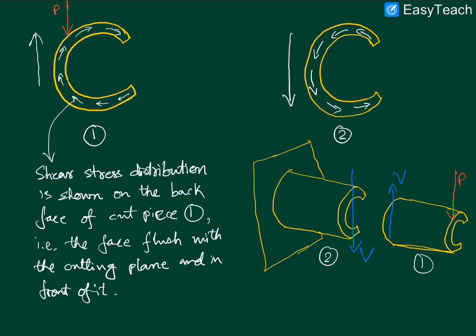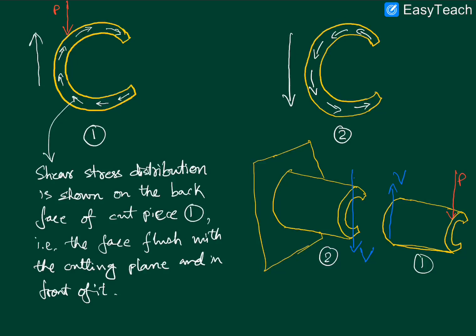So it is extremely important to understand this. The reason that I am emphasizing this and spending such a lot of time on this is that in many textbooks, in almost all the textbooks that I have seen, it's a very confusing kind of diagram. What they show is the transverse load acting downward like this, and the shear stress distribution that they show is this kind of an anti-clockwise shear stress distribution.